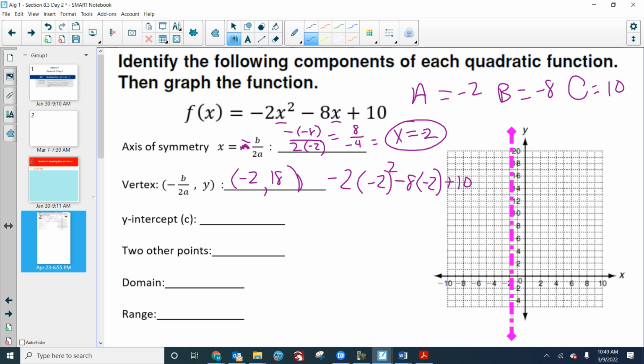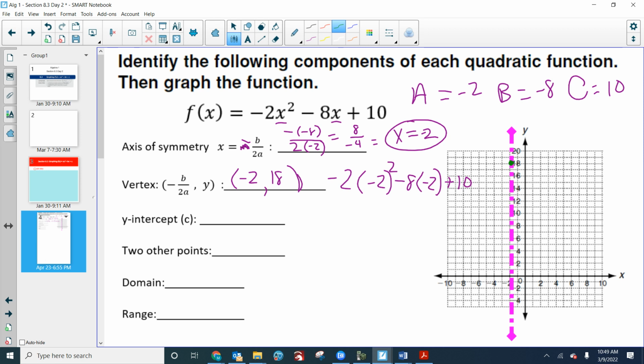That is correct. So, at -2, 18. And guys, remember, our vertex is going to be on our axis of symmetry. Now, the y-intercept.